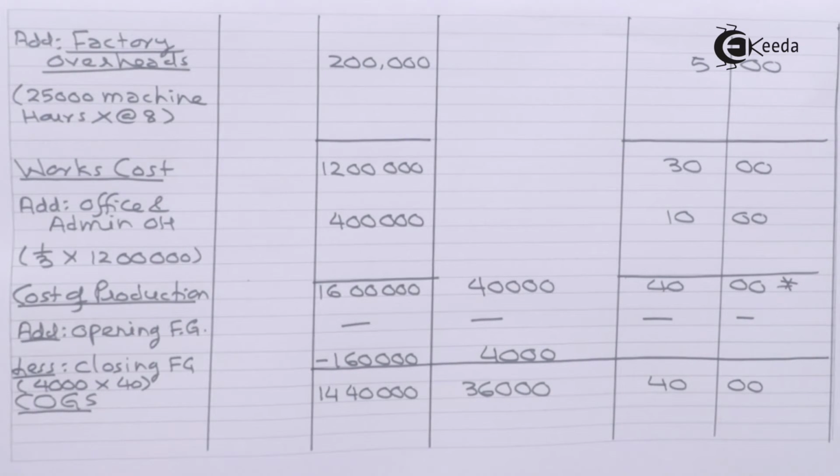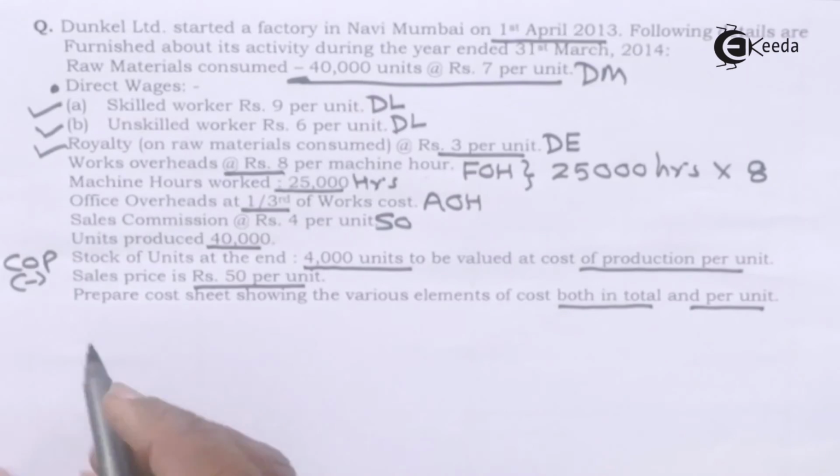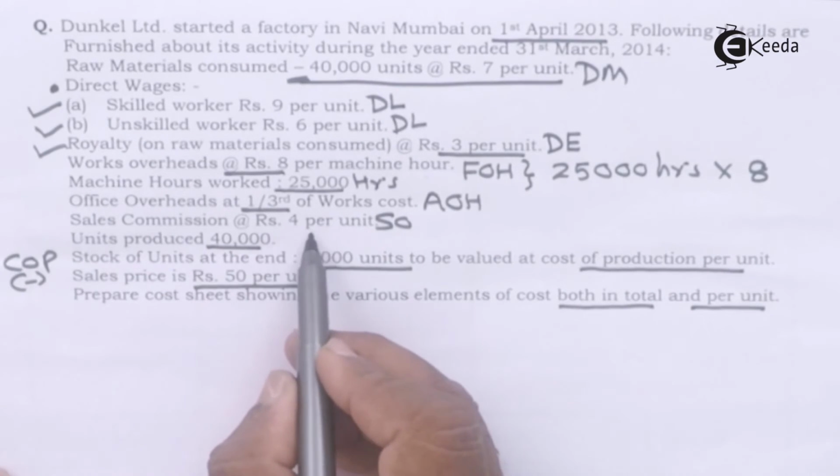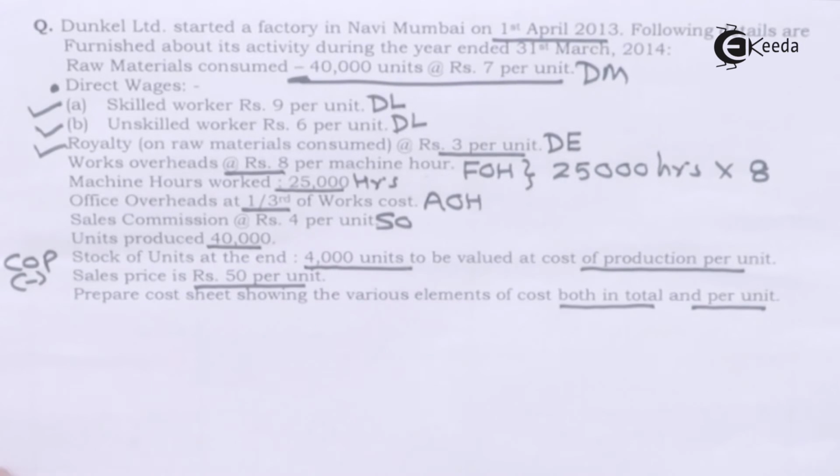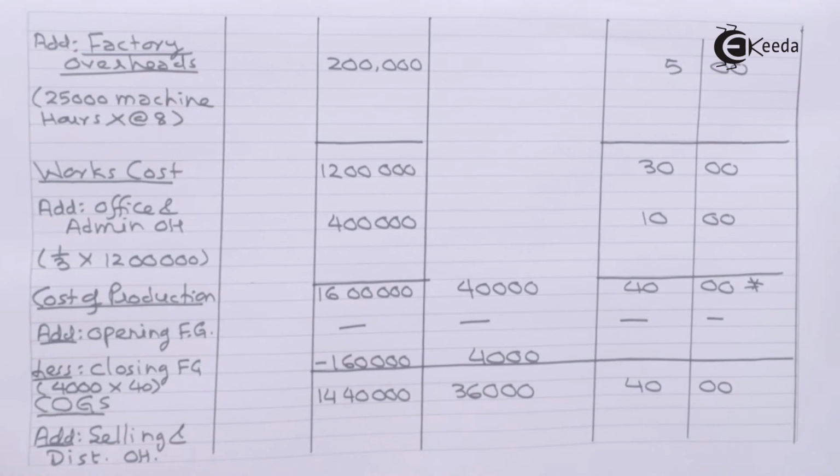To this we are required to add selling and distribution overheads. Sales commission rupees 4 per unit. So units sold are 36,000 units multiplied by 4 per unit.